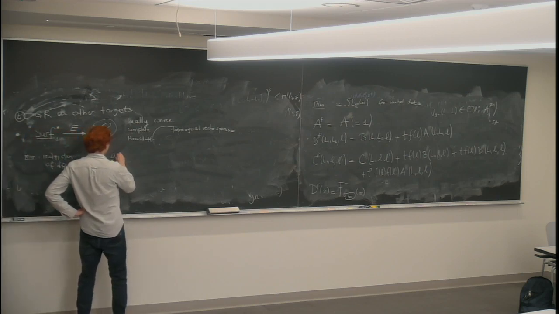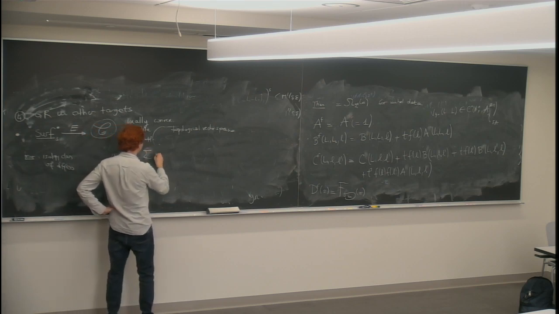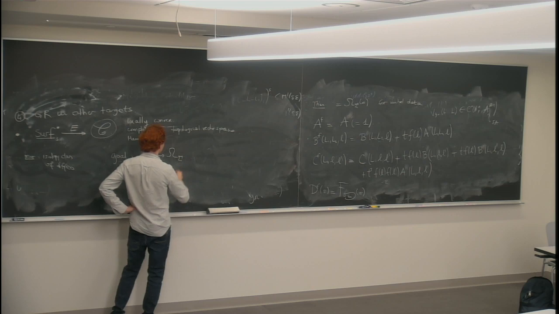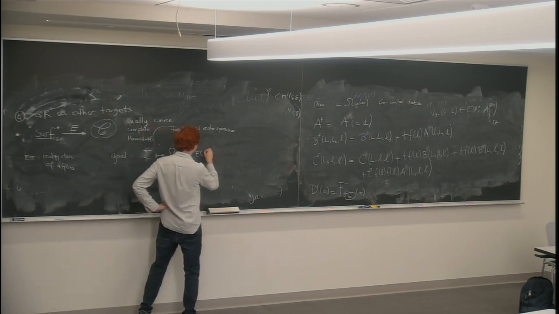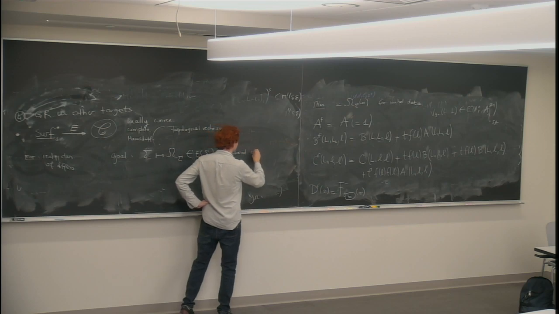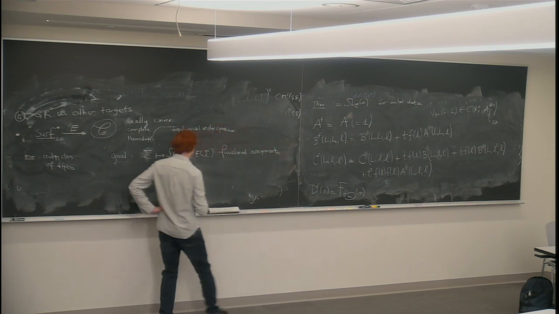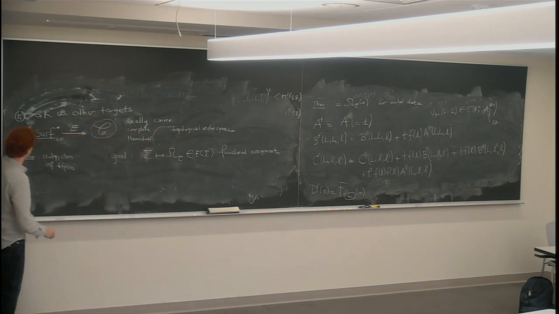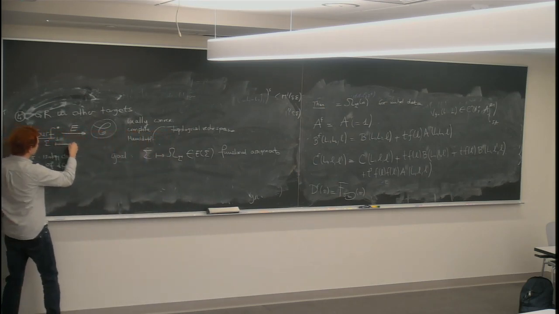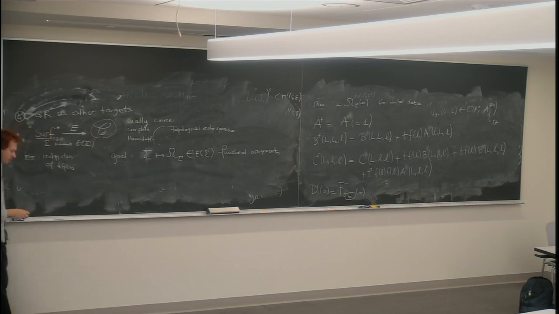And the goal is to produce elements here which are functorial assignments. So this functor means that we have such a vector space attached to each surface.